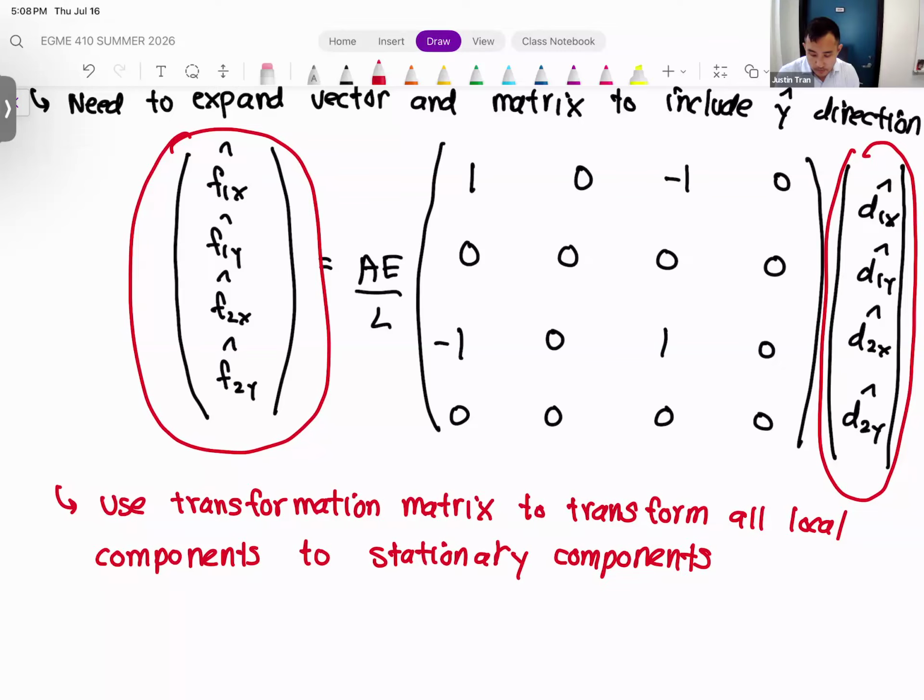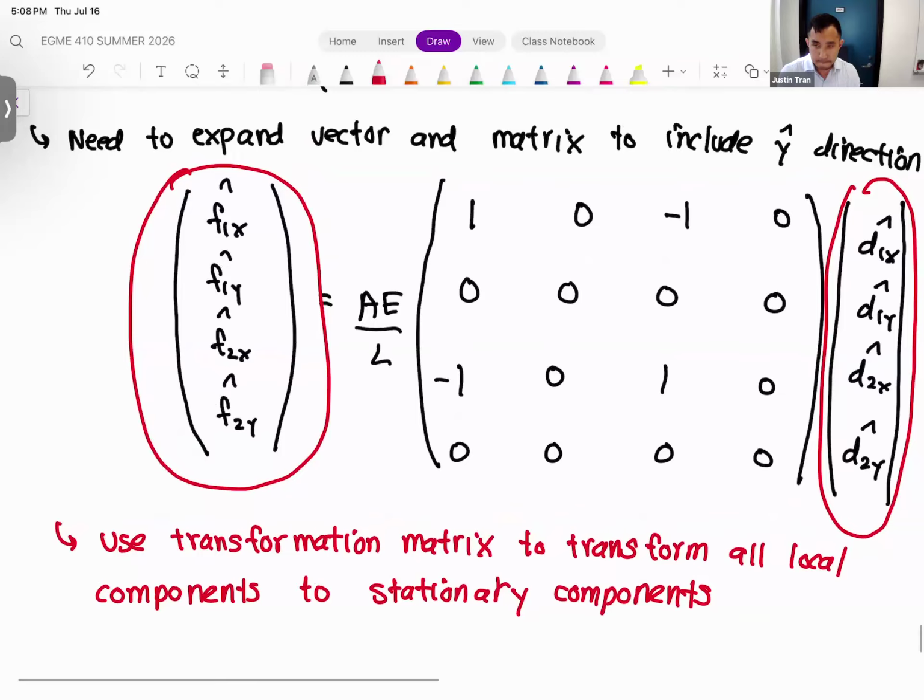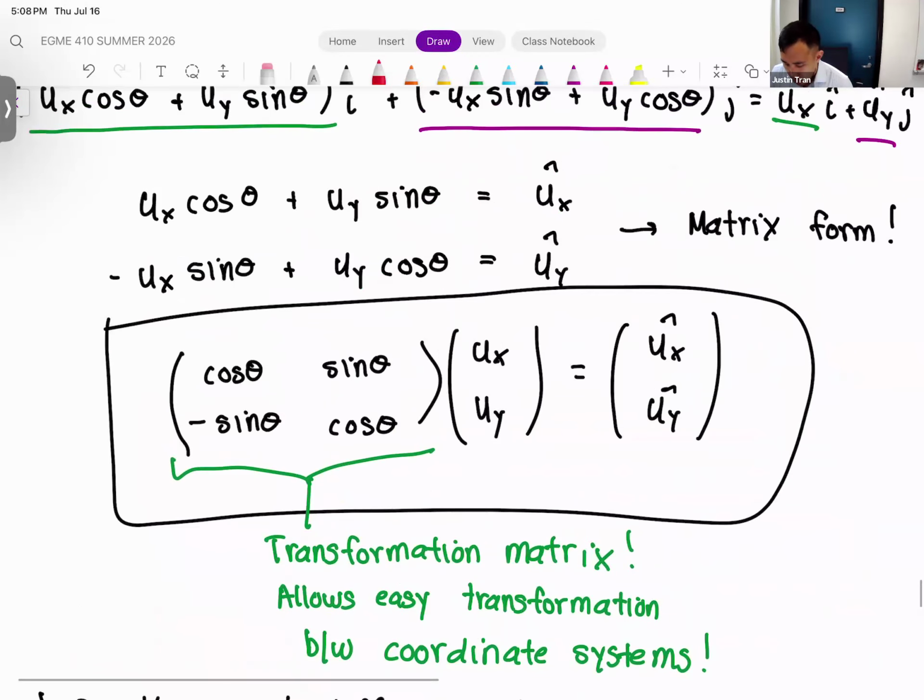Any questions on any of this so far? Okay, good. Let's go back to our transformation matrix and remind ourselves what that looks like. Basically, if we have a vector in the local coordinates, Ux hat, Uy hat, that's equal to the corresponding components in the stationary coordinates multiplied by the transformation matrix.